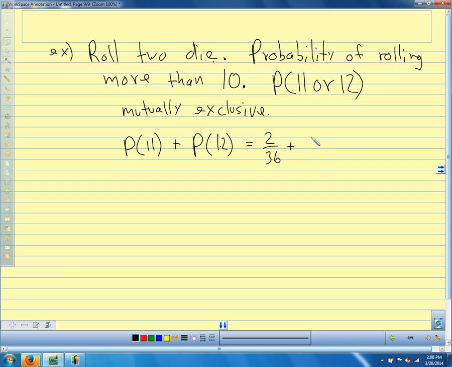Just a 6 and a 6. So our total probability is going to be 3 out of 36, or 1 out of 12. We have a 1 in 12 chance of rolling an 11 or 12. Questions on that example?